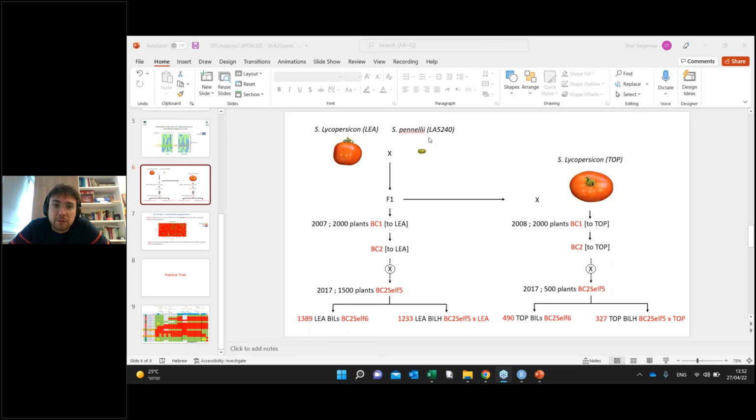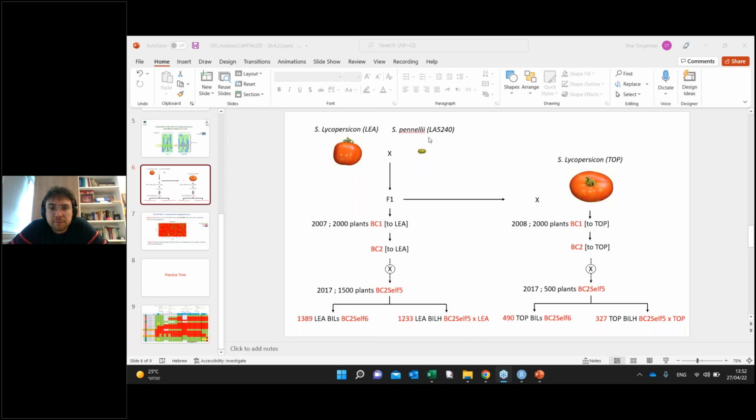Yes, of course. So in our lab, we are experts in creating populations with a wild species. A population at this scale that contains 1,000 lines, we don't have; this is the uniqueness of this population. But we have another population with another wild species, for example the other accession of pennellii, the LA716.